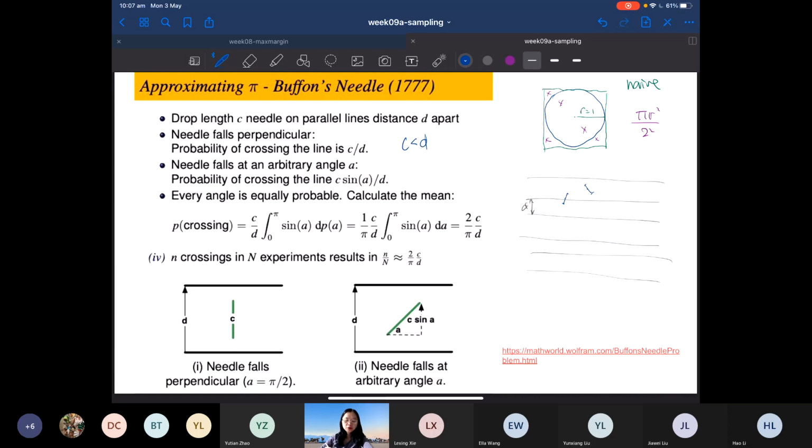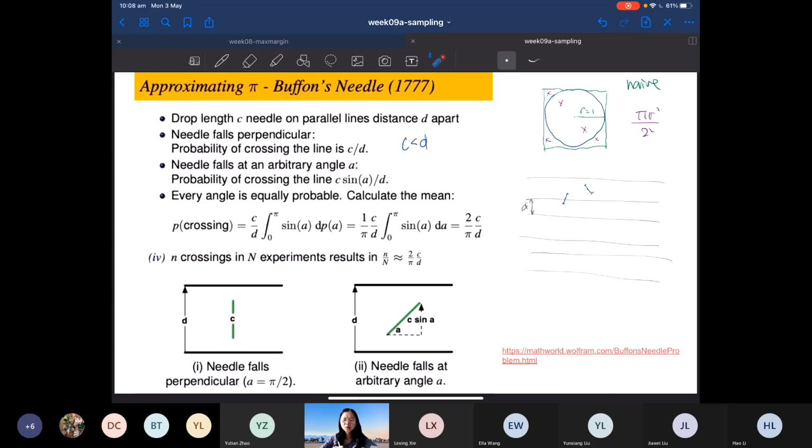From simple trigonometry, if the needle is perpendicular to the lines, then the probability of it crossing a line is c over d. If we move this needle of length c up and down between these parallel lines, we can see it's c over d. Now, if it is not perpendicular, we simply project it, again using trigonometry, to the perpendicular direction, because it is the perpendicular placement of the needle that determines whether it intersects with one of these lines or not.